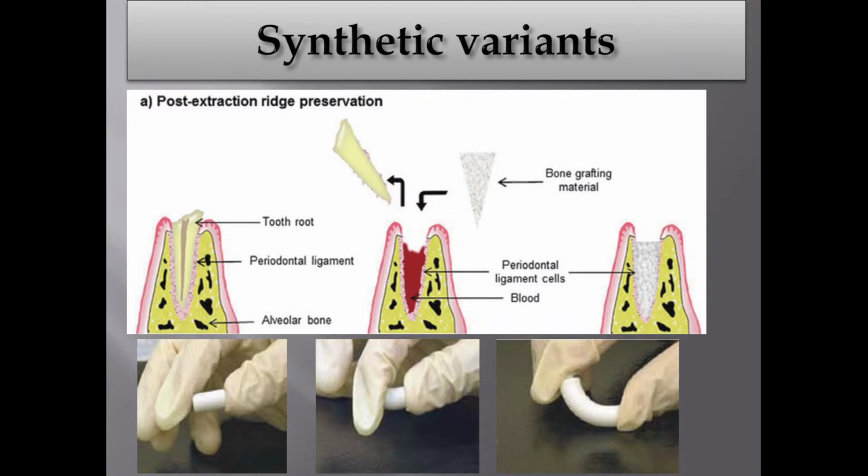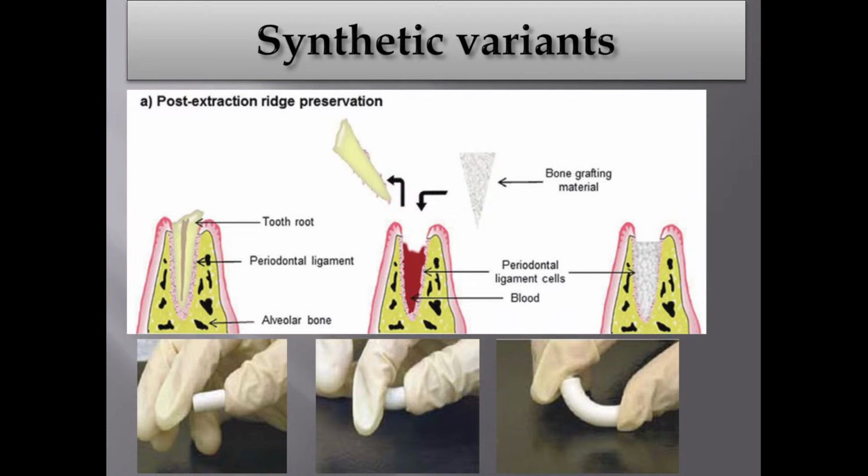On this slide, you can see the next part of this classification. It's the synthetic variants of bone grafting, and you can see different characteristics of these synthetic variants. They are flexible, and usually it's a flexible hydrogel hydroxyapatite.